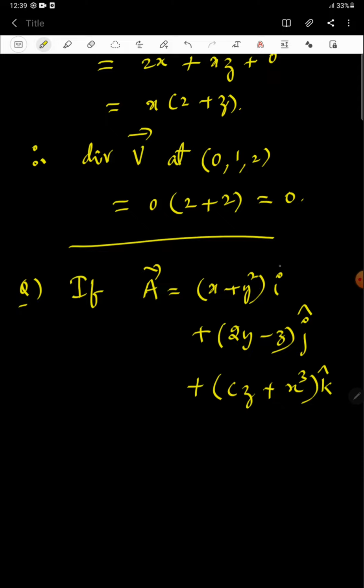If this vector is solenoidal, then find c. That constant c which is here, we need to calculate the value of c.